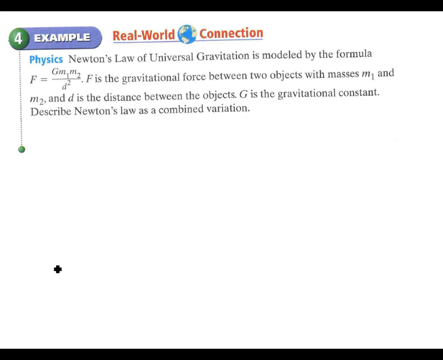So what we're going to say here is gravitational force, that's F, is, right? So that's our equal sign. And now, so on top here, G is a constant. So this is kind of like saying K, X, Y. Okay?